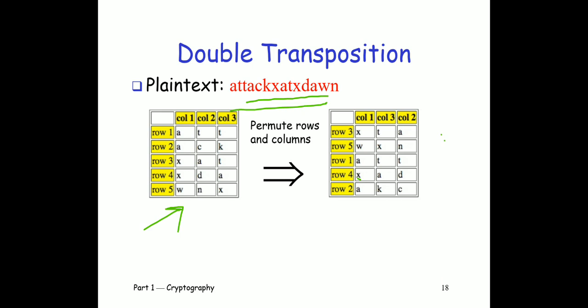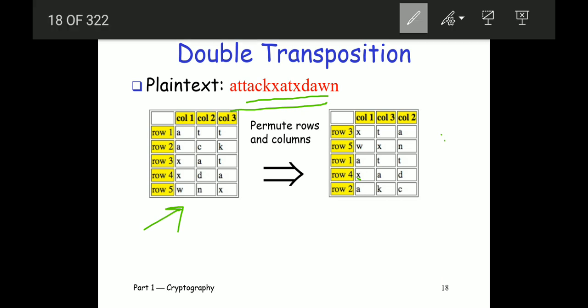So here is the row permutation. You can observe that row 1 has ATT in it, and here it has become the third row.